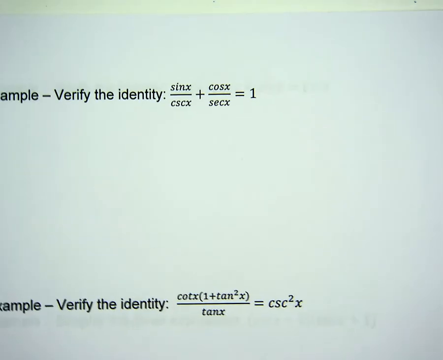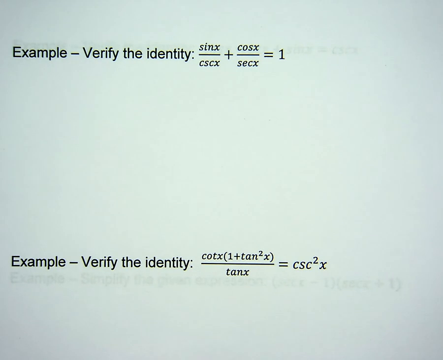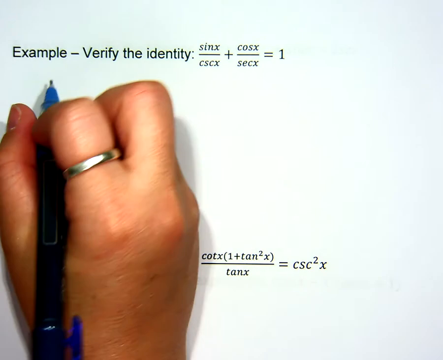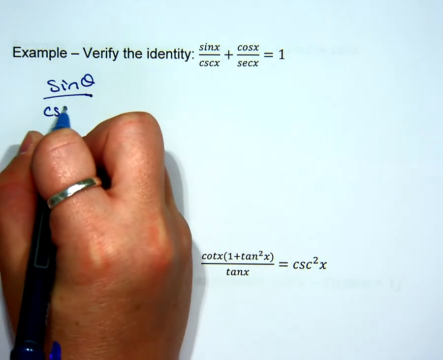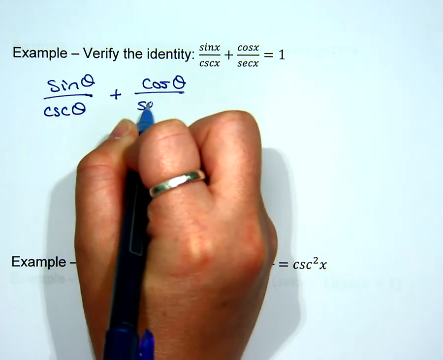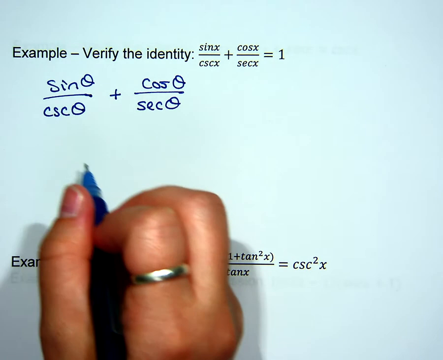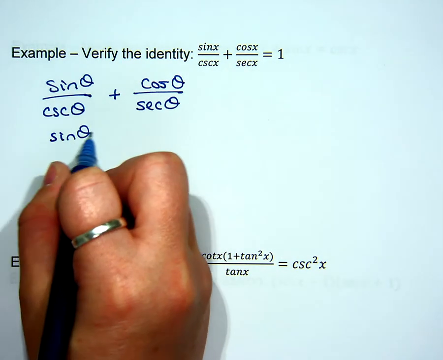Next, we want to verify the identity. Again, what we're going to do is break things into their sines and cosines. So I have sine theta over cosecant plus cosine over secant. What I want to do is verify that this is 1. First thing I'm going to do is break things into their sines and cosines.